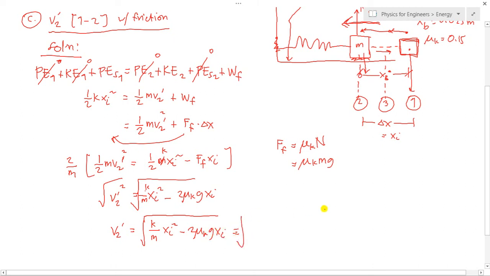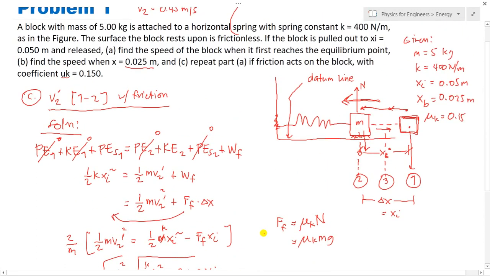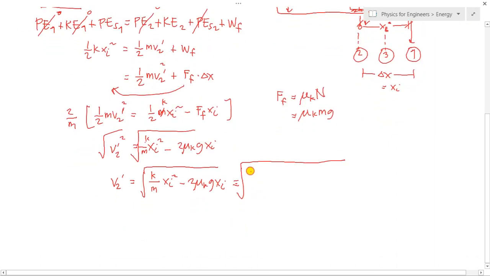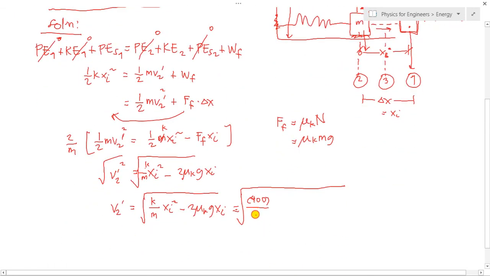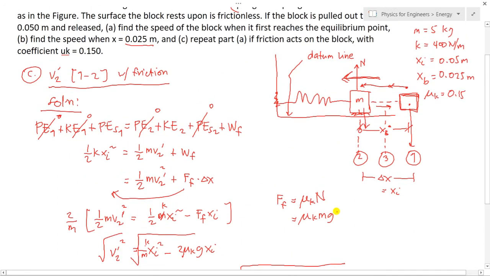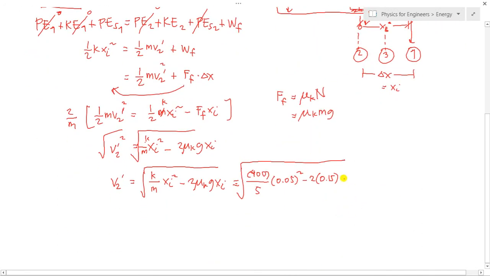Then substituting values, k is 400, divided by the mass, which is 5 kilograms. Our x sub i is 0.05, so we have 0.05 squared minus 2, our mu is 0.15, then g is 9.81, then x sub i is 0.05.